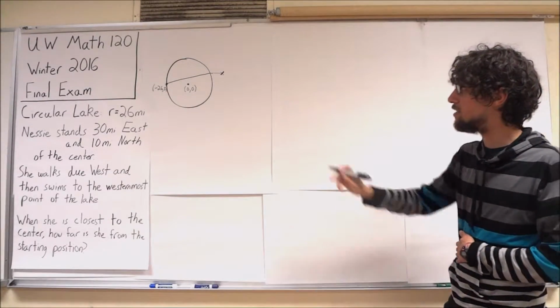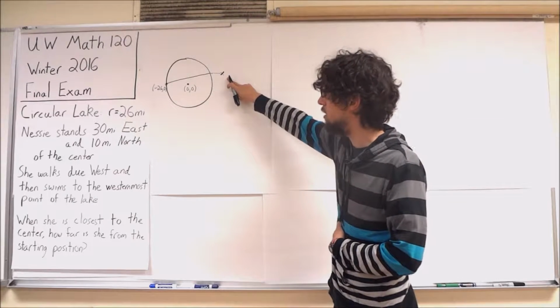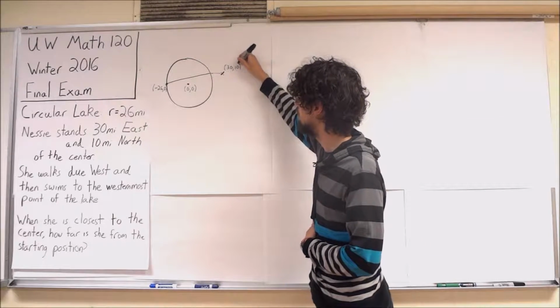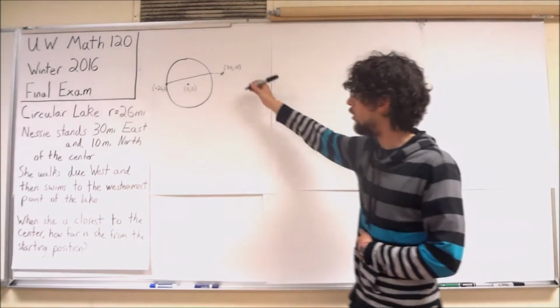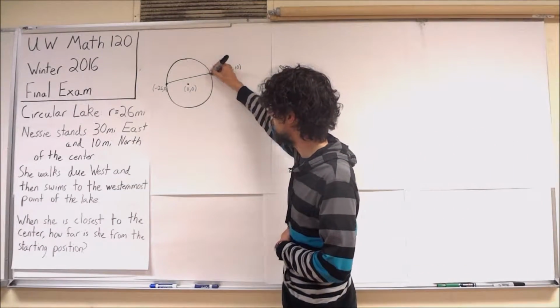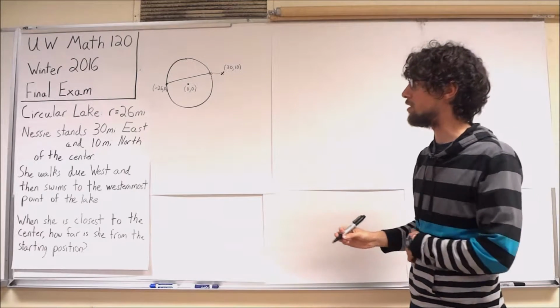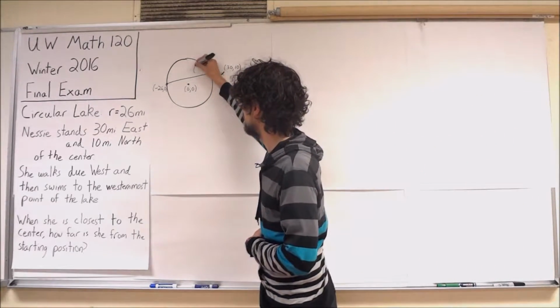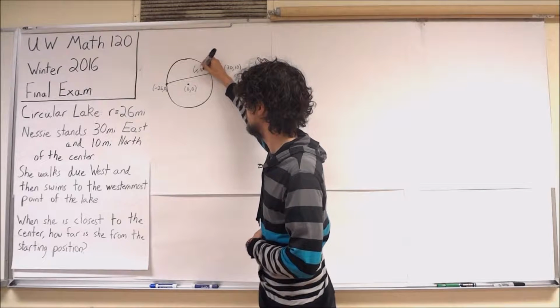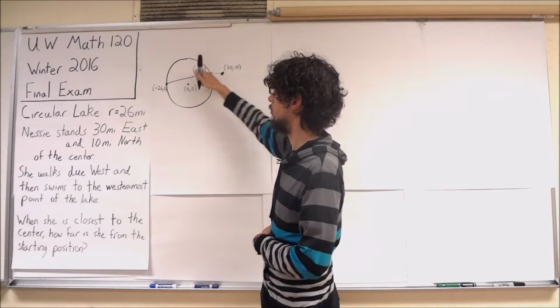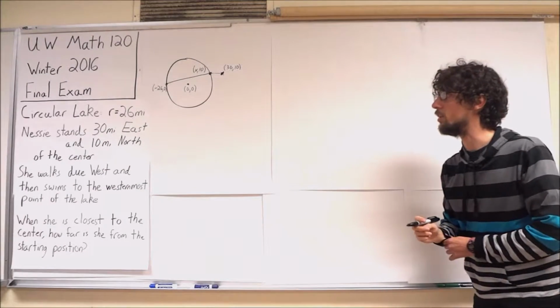And Nessie's initial position was 30, 10. And I'm not quite sure of the coordinates of this point here. What I do know is that the y coordinate there is 10. Maybe I'll switch to dots and reserve x for this variable here.